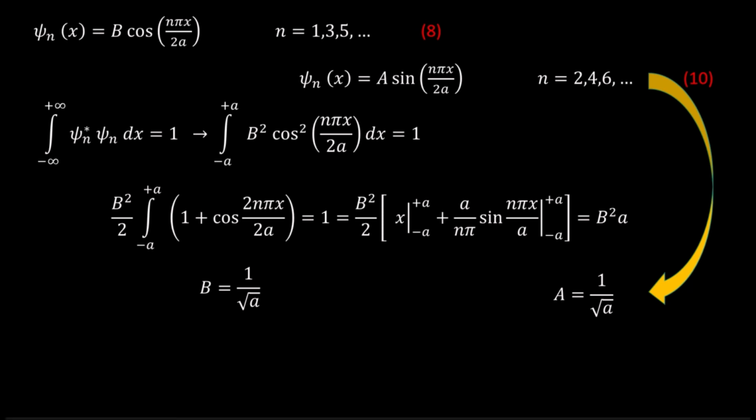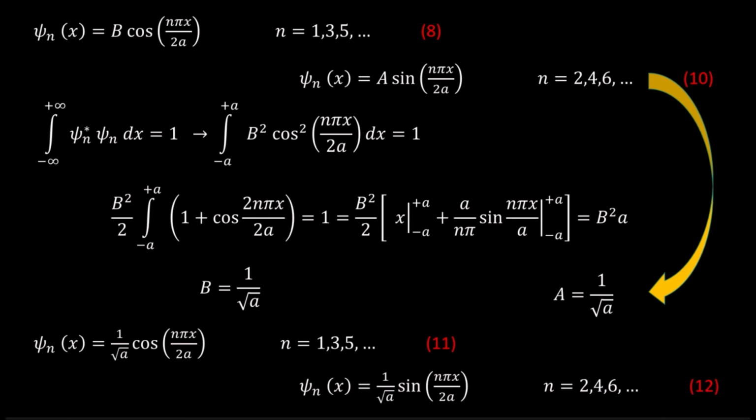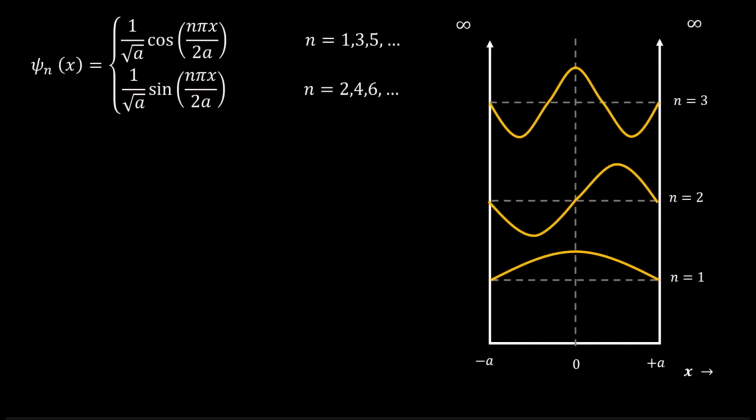So we have the normalized wave functions ψn(x) = (1/√a) cos(nπx/2a) for n = 1, 3, 5, etc., and (1/√a) sin(nπx/2a) for n = 2, 4, 6, etc. Thus the complete set of eigenfunctions is given by these two expressions, which represent the eigenfunction of the particle inside the box for different values of these integers.